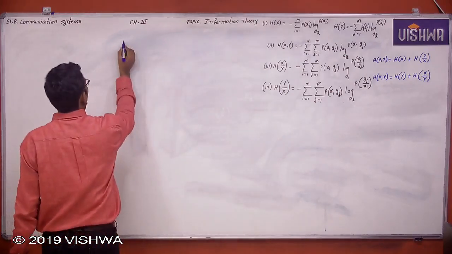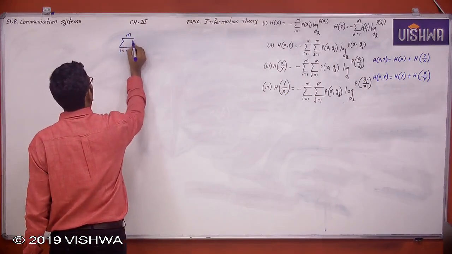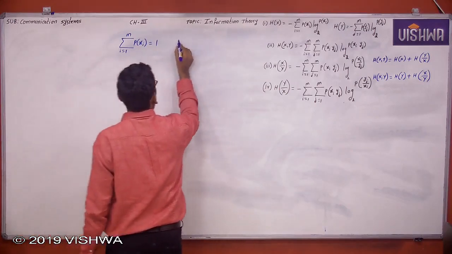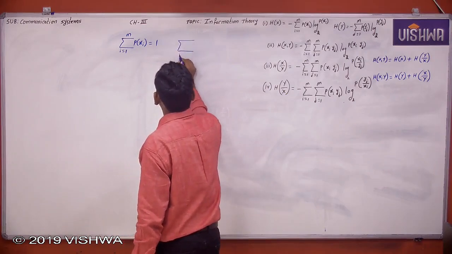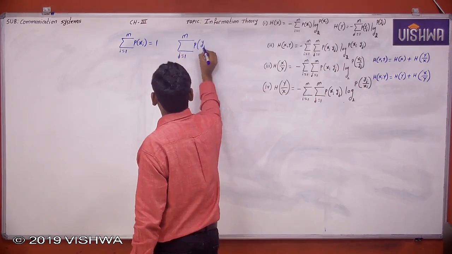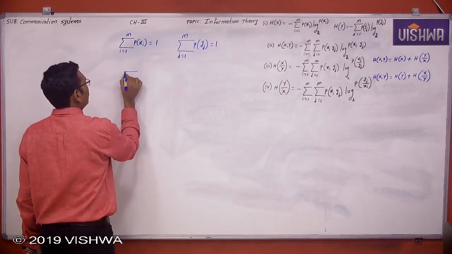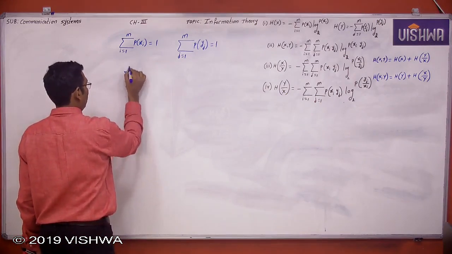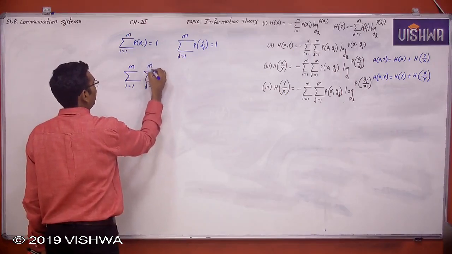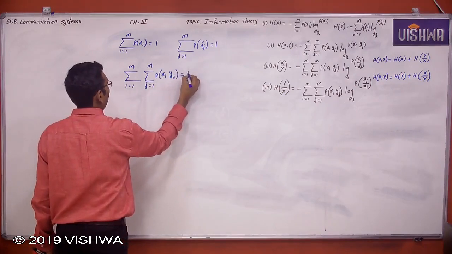So summation i equal to 1 to m, P of x_i is equal to 1. Summation j equal to 1 to m, P of y_j is equal to 1. Summation i equal to 1 to m, summation j equal to 1 to m, P of x_i y_j is equal to 1.